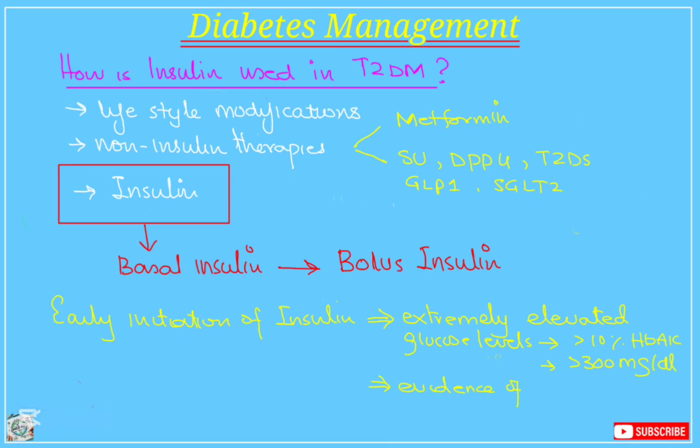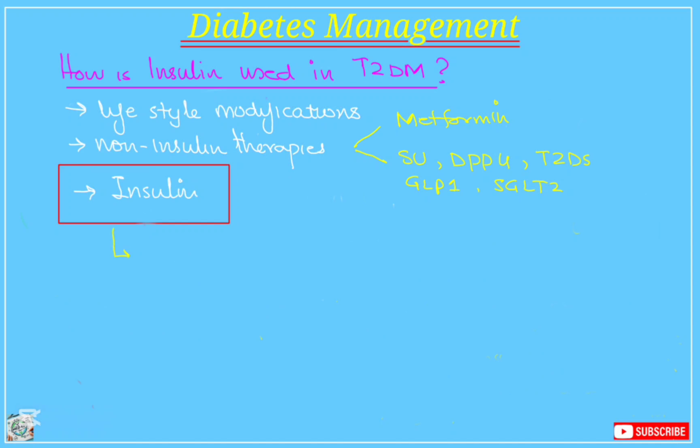Or if the patient has ongoing catabolism, that is, significant weight loss, or if the patient has symptoms of hyperglycemia, including polyuria, polydipsia, and excessive fatigue. All these patients may require insulin initially. They can often transition to other medications once the acute hyperglycemia and the glucotoxicity resolve.